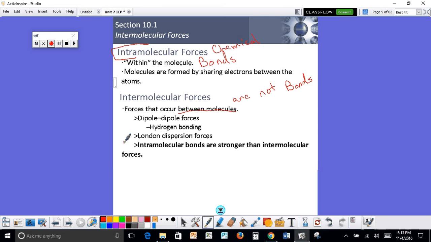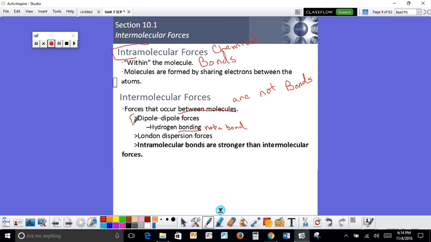There are three main types of intermolecular forces: dipole-dipole forces, hydrogen bonding, and again, even though it says bonding here, not a bond. Want to make sure that we are clear on that. And then London dispersion forces.